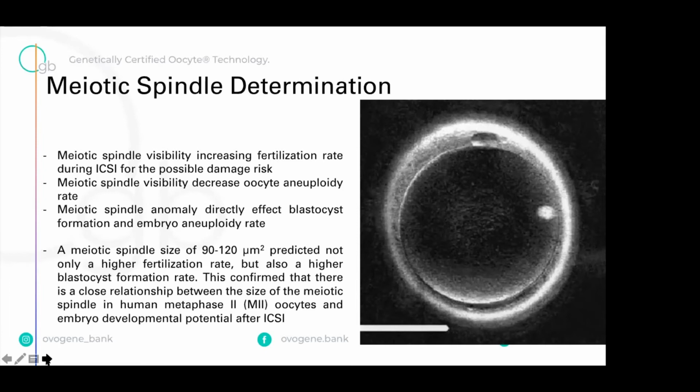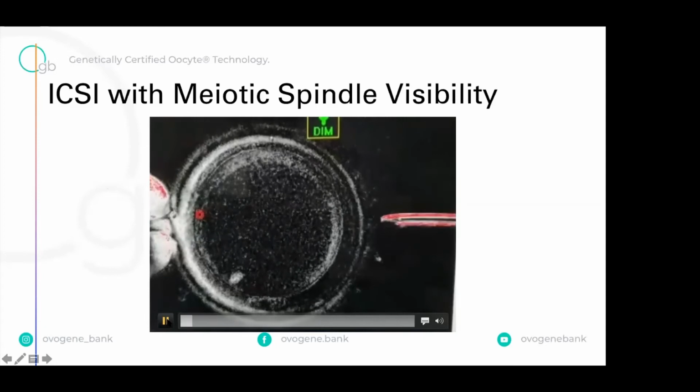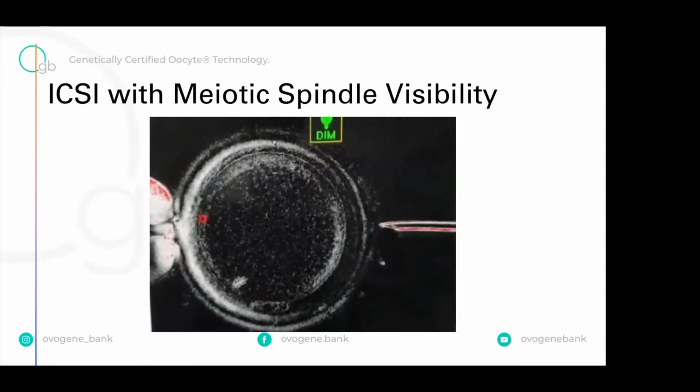So when we find the meiotic spindle, we don't find only the location. Our software also measures the size of the meiotic spindle. So why is this important? I will show the next slide. This is typical when we thaw an oocyte and find the location of the meiotic spindle.